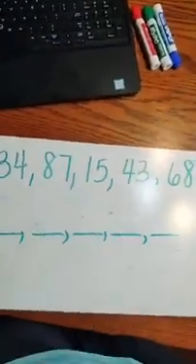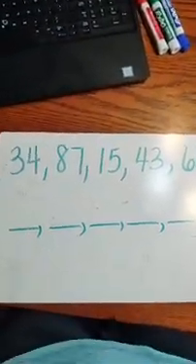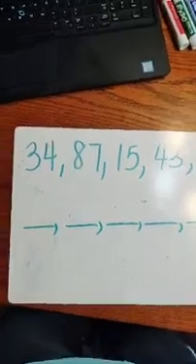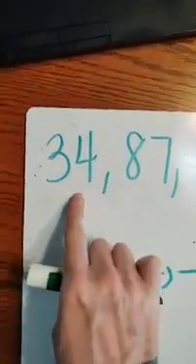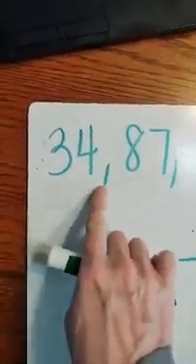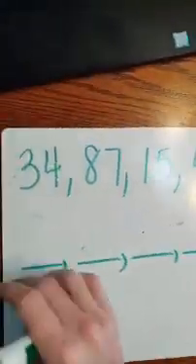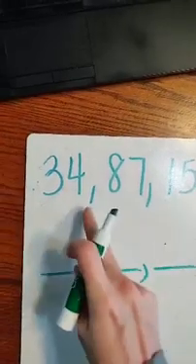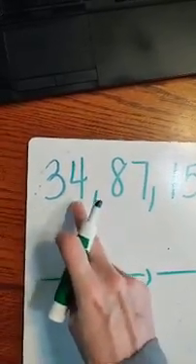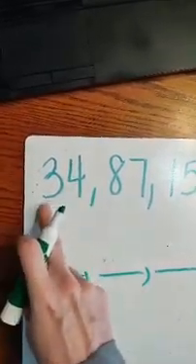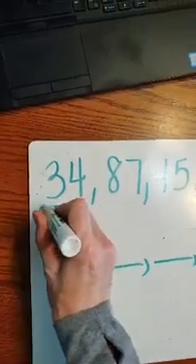I need you to help me. I need you to tell me which number I'm going to look at for each one. 34. Which number am I going to look at when I decide where that goes? Am I going to look at the 4? No, because that's the ones place. I want to look at the 3, which is in the tens place.